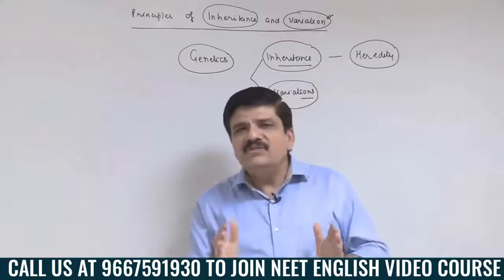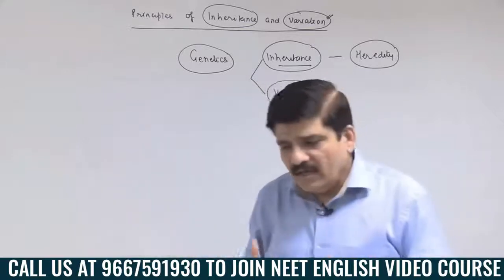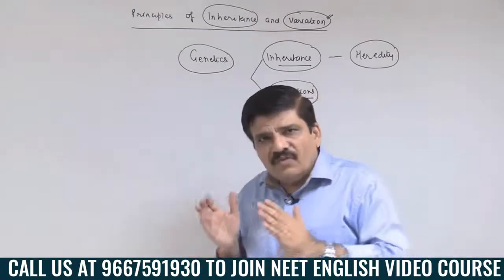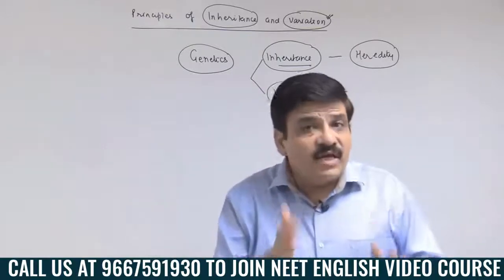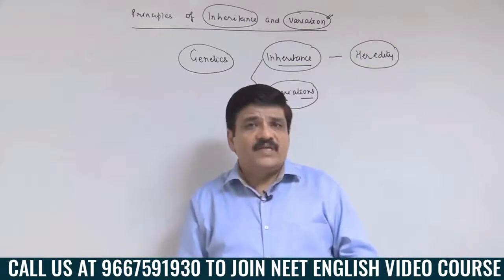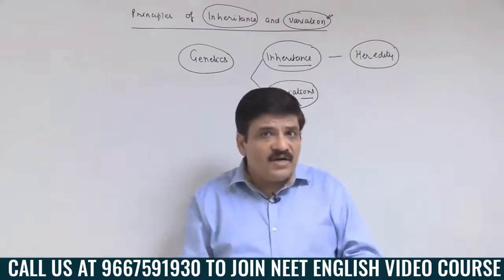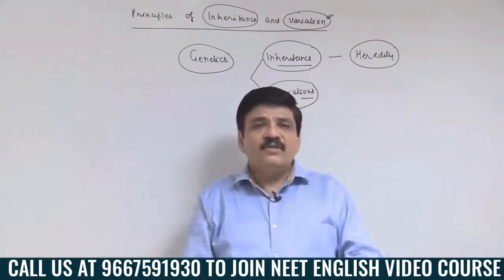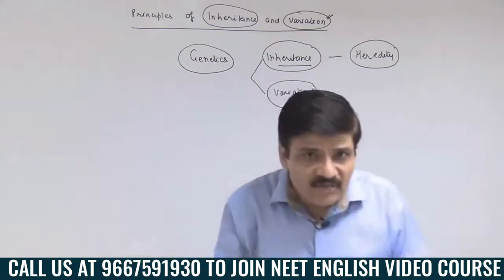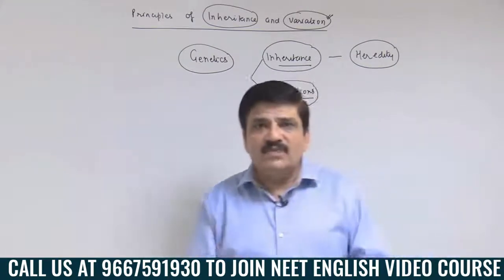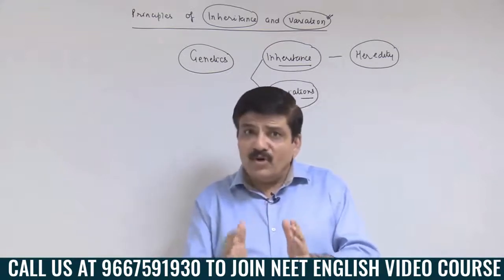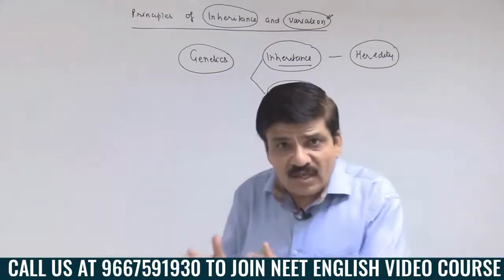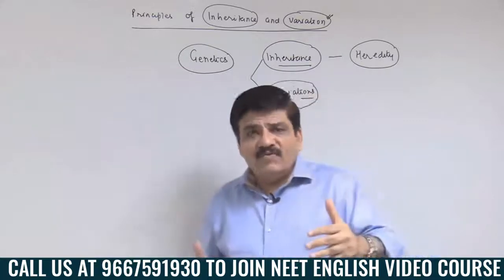Now at this juncture, it is very important to understand that if you are studying genetics for the first time, it is always advisable to read the cell division chapter first. At least study and understand the basics of cell division, especially meiosis. We will be talking a lot about sexually reproducing organisms, and in sexual reproduction there are two terms that are very, very important.